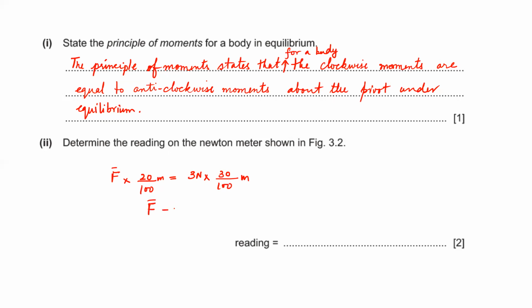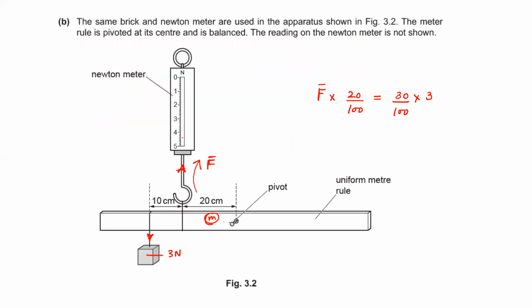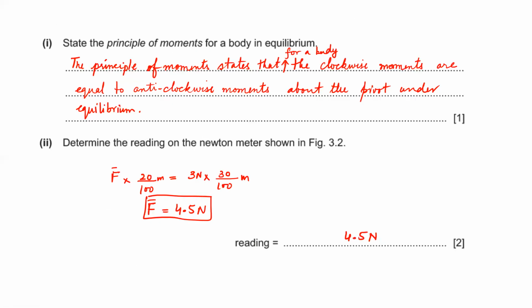The force will be 4.5 Newtons in this case, and this will be the reading on the Newton meter. A good way to show the reading is something like this: 4.5 Newton. Okay, this is a good way of showing it.